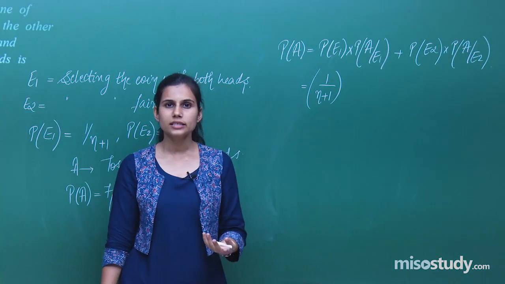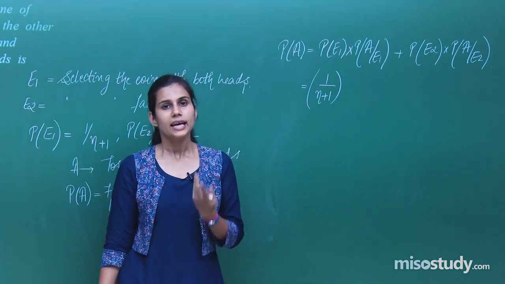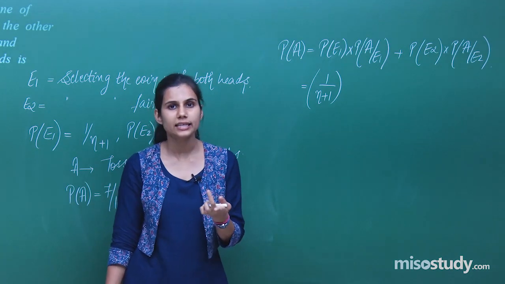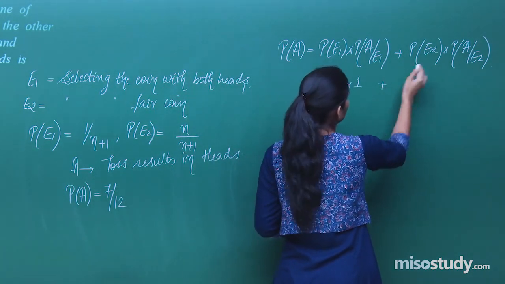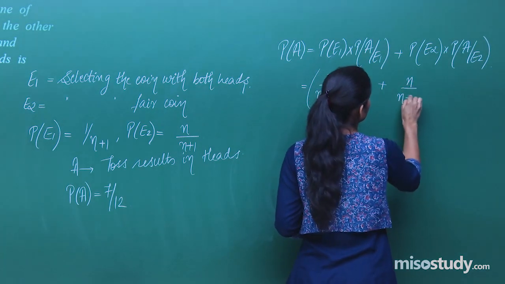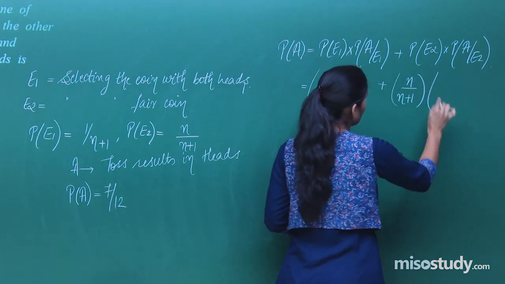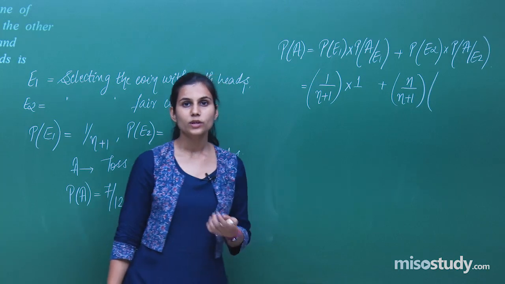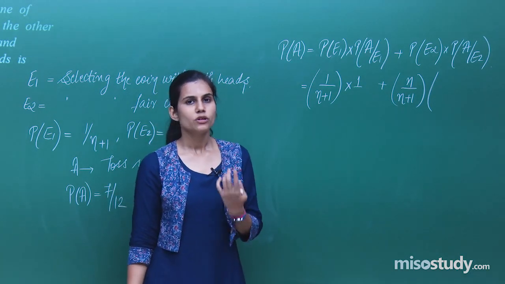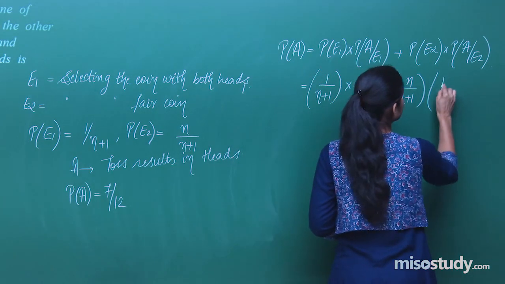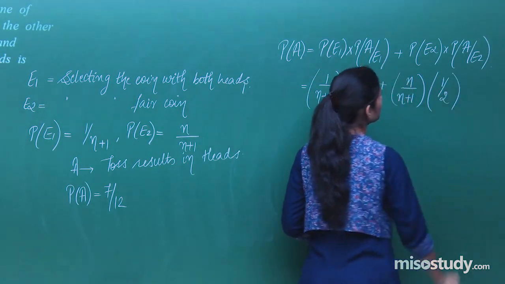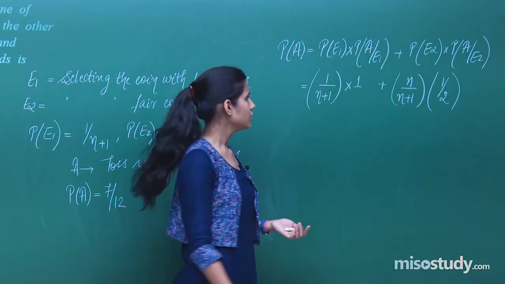When you are going to toss it, there is only one possibility, head is only going to come because both the sides have heads. So this probability is 1. Probability of E2 we just found, it was n upon n plus 1. What is the probability of getting heads when you are tossing a fair coin? When you are tossing a fair coin, probability of getting heads is 1 by 2. Probability of getting tails is 1 by 2. Right?